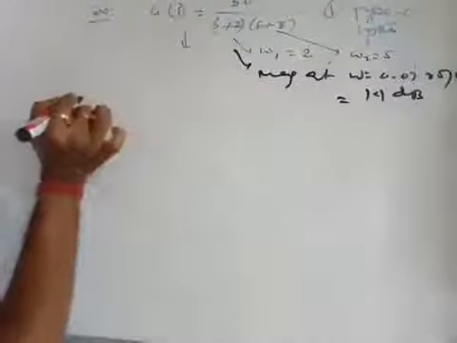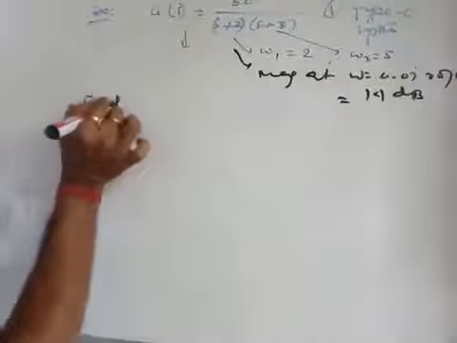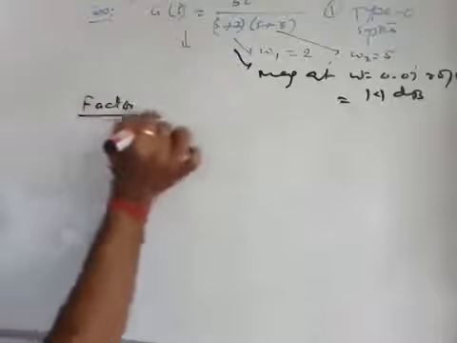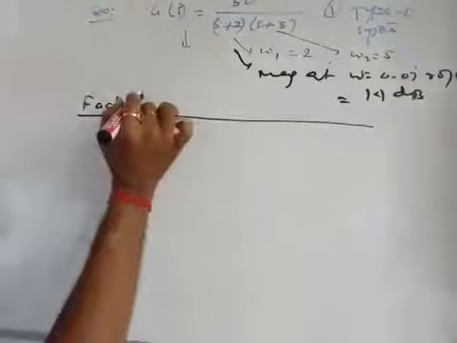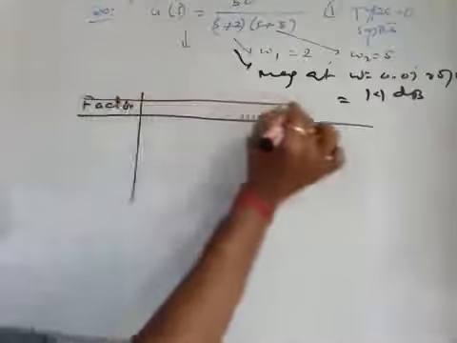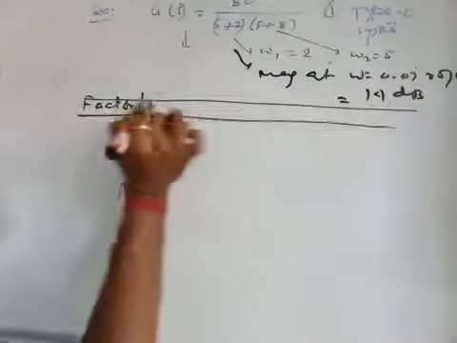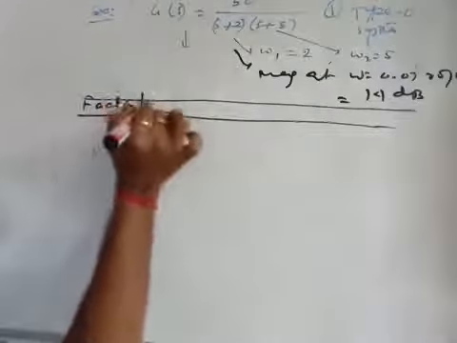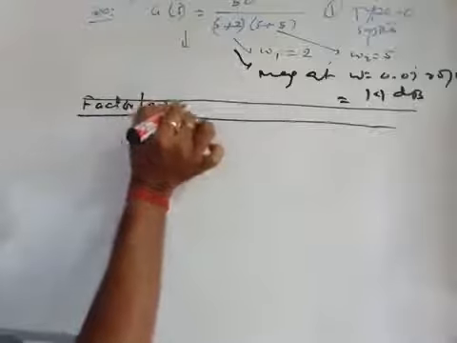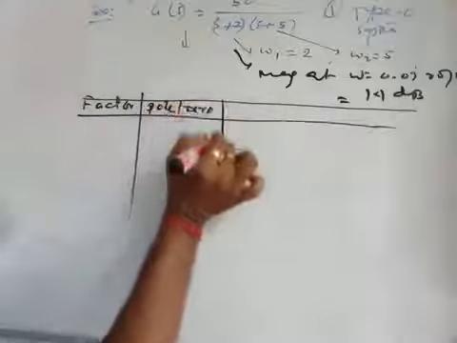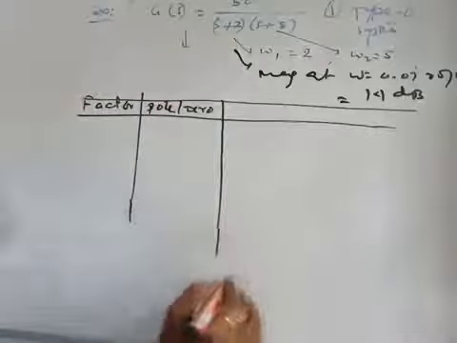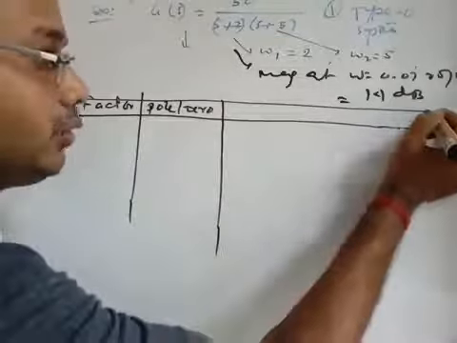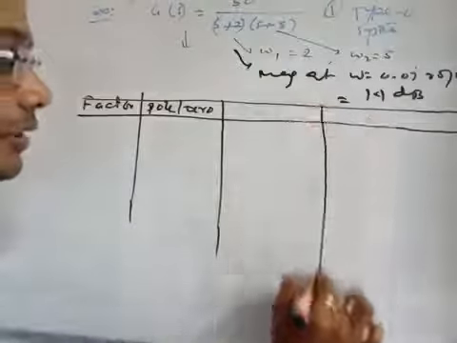So first of all, we will consider the factor. Next, we will consider whether the factor is for a pole or for a zero. For each of the factors, what is the slope contribution?